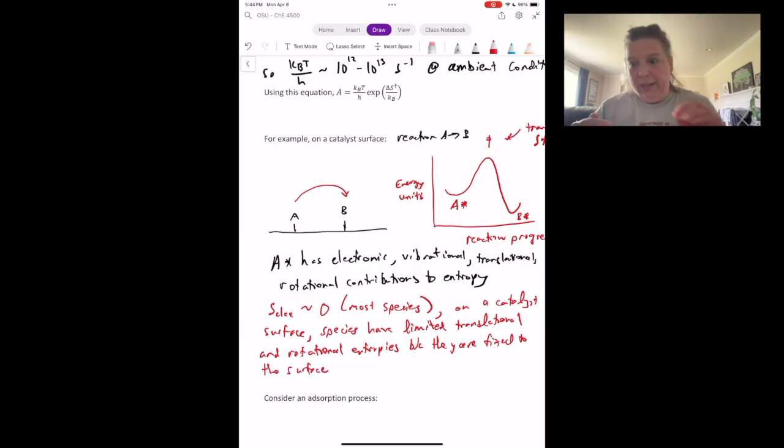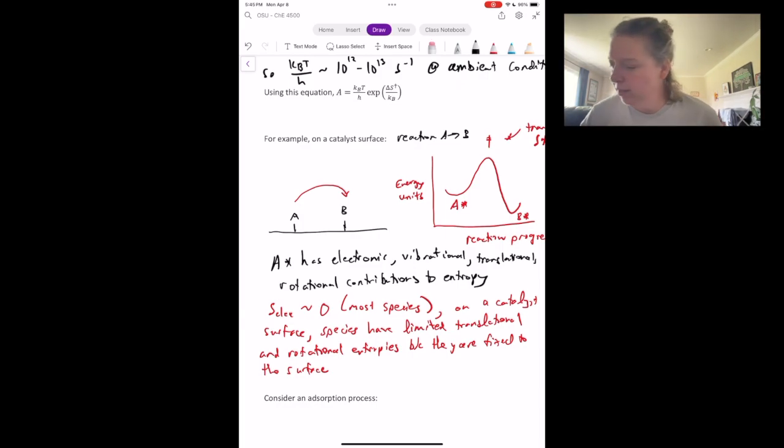So what I mean by fixed, the species here forms a chemical bond with the surface, right? So it is going to have limited translational mobility because if it tries to move along the surface, if it tries to diffuse across the surface or translate, for example, it's going to have to break that bond. Similar with if it wants to rotate around, it's going to have to alter the way it's bound to the surface. And those have energy penalties, so because of that, species don't really do that.